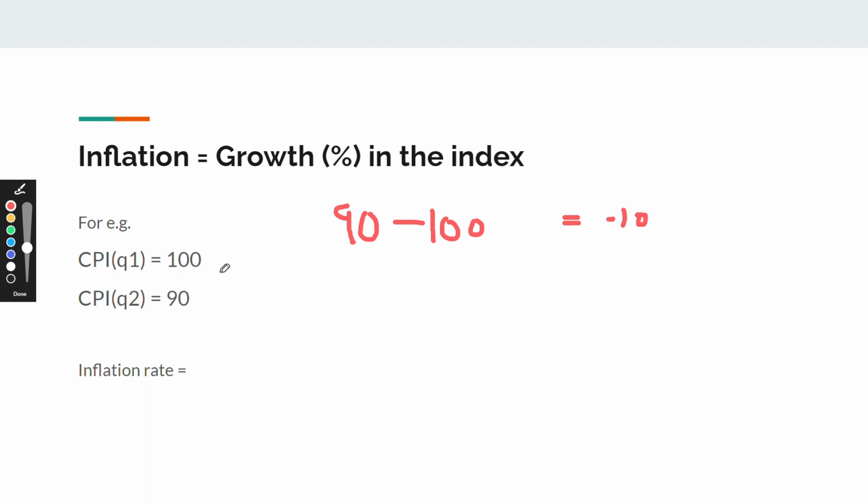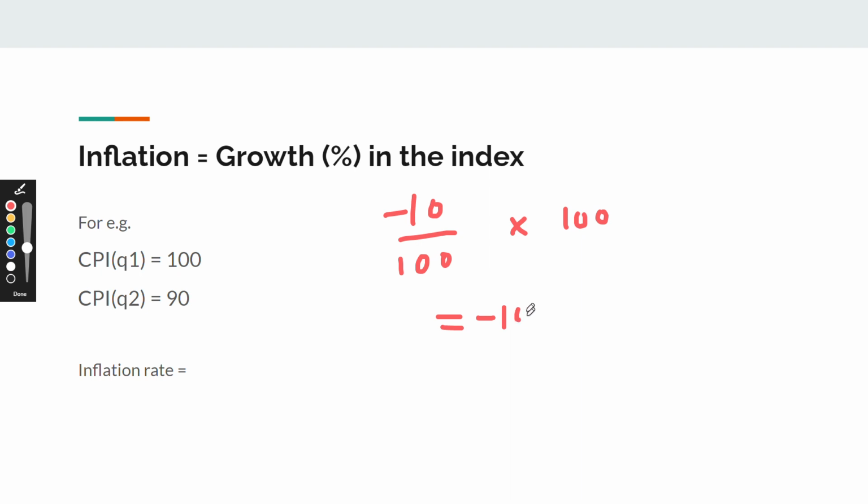And again, all that's telling us is that over the period, CPI decreased by 10 index points. So to express this as a percentage, we divide it by CPI at the start, which is 100, times it by 100, and our calculator will tell us that this is negative 10%. In other words, the inflation rate is negative 10%, or the deflation rate is 10%.